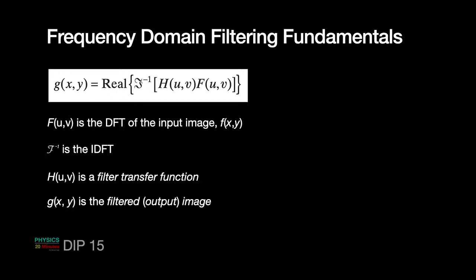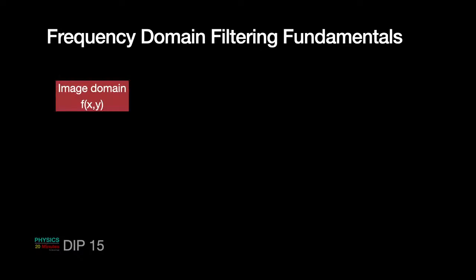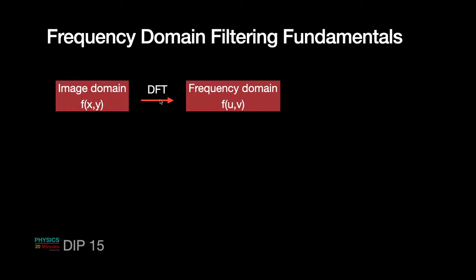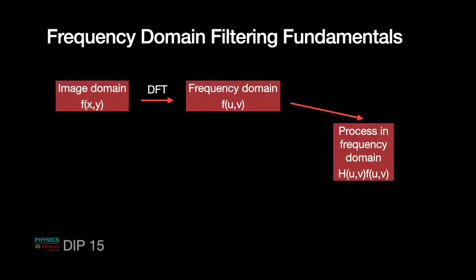So the entire process looks like this: you start with the image domain, that is the spatial domain, f of x,y. You apply a discrete Fourier transform. Applying the discrete Fourier transform will give you the frequency domain image, which is in U and V. Then you apply your filter.